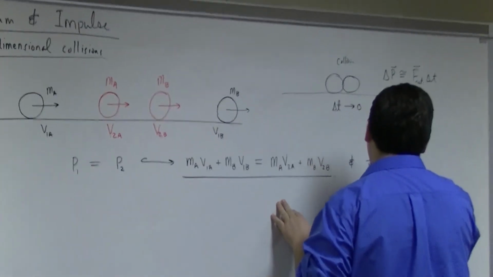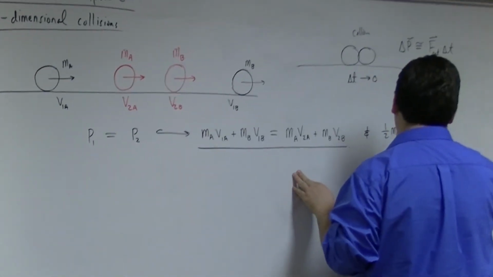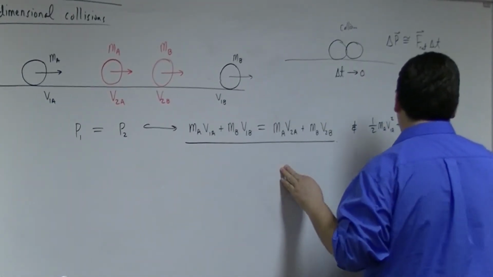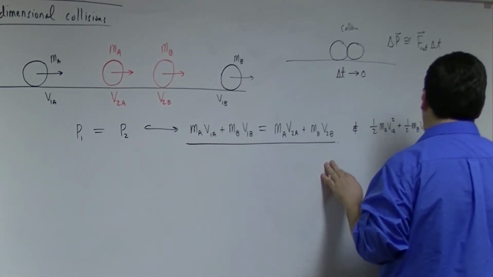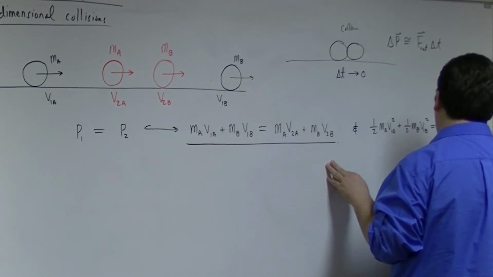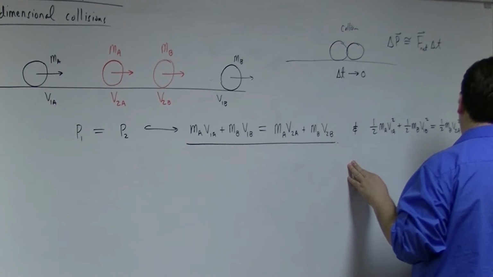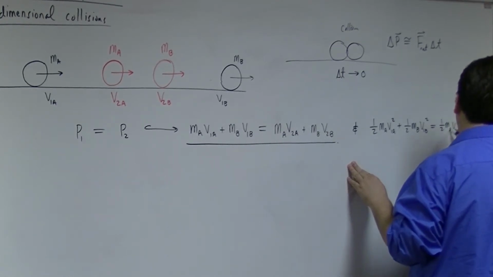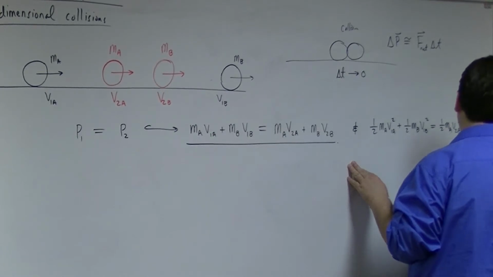That would give you 1/2 ma v1a squared plus 1/2 mb v1b squared is equal to 1/2 ma v2a squared plus 1/2 mb v2b squared.